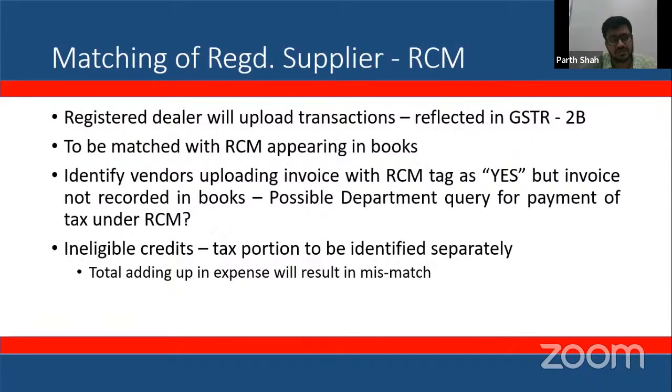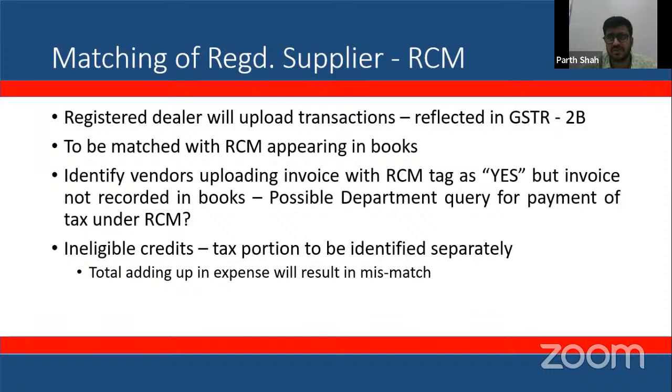The next aspect that we wanted to highlight is that many of the registered suppliers are filing their returns and reflecting the transactions as RCM applicable transactions in the GSTR2B. As long as the tax that you are paying under reverse charge mechanism matches with the transactions in GSTR2B, and over and above those you are also paying on certain transactions wherein the supplier is unregistered, well and good.